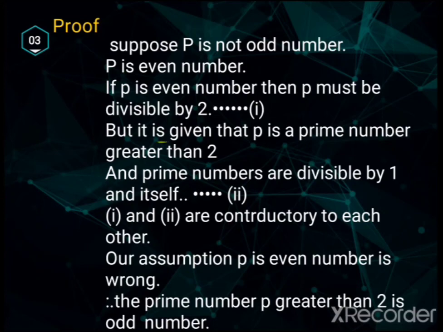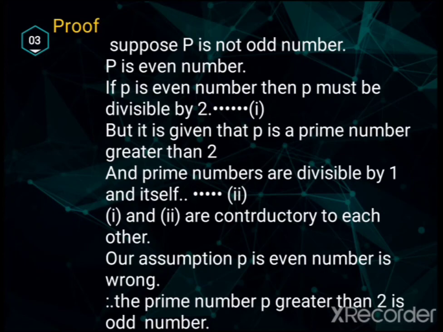But it is given that P is a prime number greater than 2, and prime numbers are divisible by 1 and itself only. So in equation 1, this number P is divisible by 2, and in equation 2, this number P is divisible by itself and 1 only.